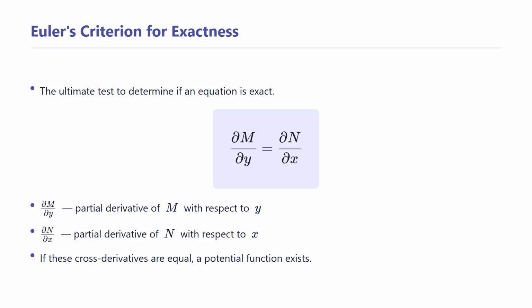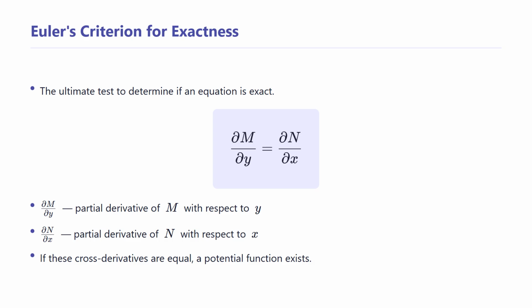But how do we know if that hidden function exists? We use Euler's criterion. We take the function M, which is attached to dx, and take its partial derivative with respect to y. Then we take the function N, attached to dy, and differentiate it with respect to x. If these two cross derivatives are perfectly equal, the equation is exact, and a potential function definitely exists.